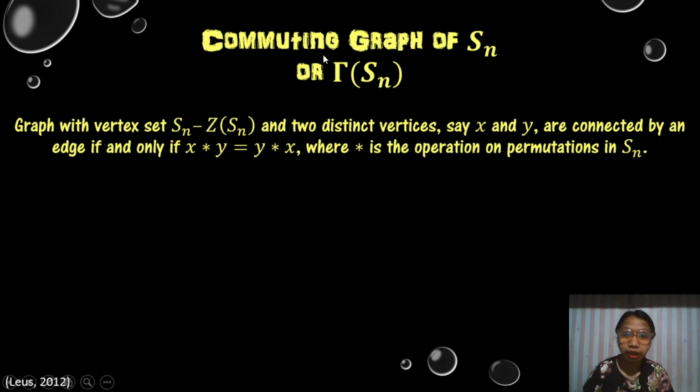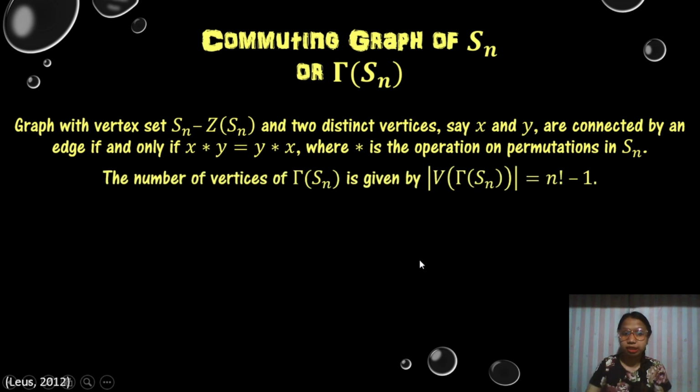In the commuting graph of symmetric groups, we just get the elements of S sub n minus its center, wherein the center is always trivial, which is also its identity element. Two distinct vertices, say x and y, are connected by an edge if and only if x star y is equal to y star x, or they commute. That's why we call it the commuting graph of S sub n. The star here is the operation on the permutations in S sub n.